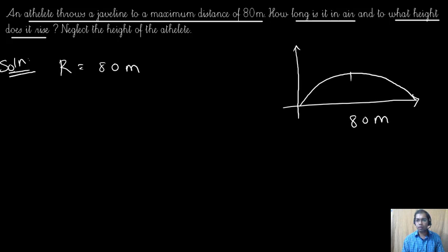If we can find the maximum height, we can even calculate the time, or if we can calculate the time, we can try and figure out the height. Another thing that is given is g is 9.8 meter per second square. One thing to understand: if in the question they mention g as 10 meter per second square, then only please take it as 10. If they have not mentioned anything, you have to take the standard value, which is 9.8 meter per second square.